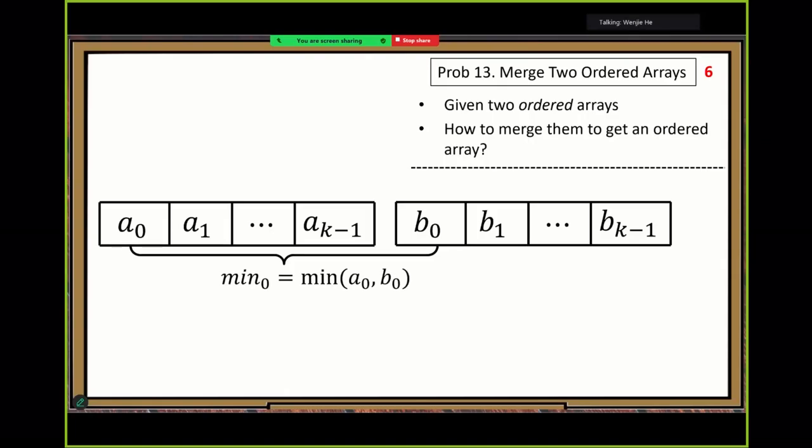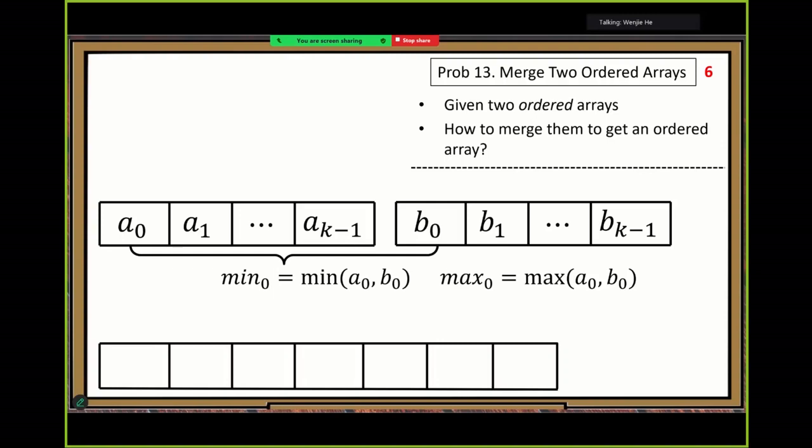Here we use the notation min 0 to represent the minimum of A0 and B0. Max 0 equals the maximum of A0 and B0. So min 0, we can put it in place in our destination array.